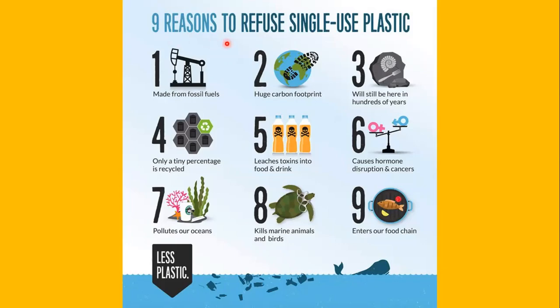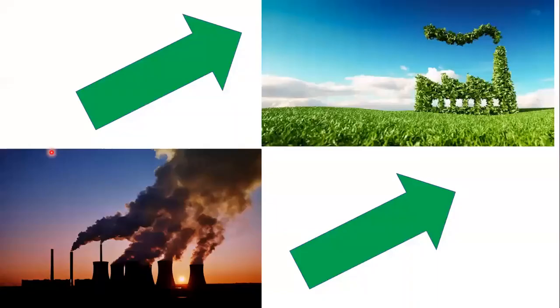So 9 reasons to refuse to use plastic. Because they are made from fossil fuels. It means that to make plastic, they burn with fire, obviously. And what happened? This is what happened when you burn fossil fuels.